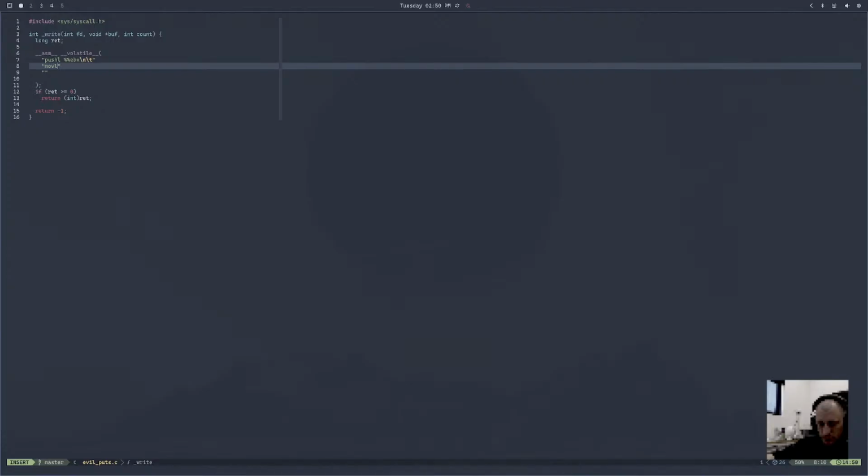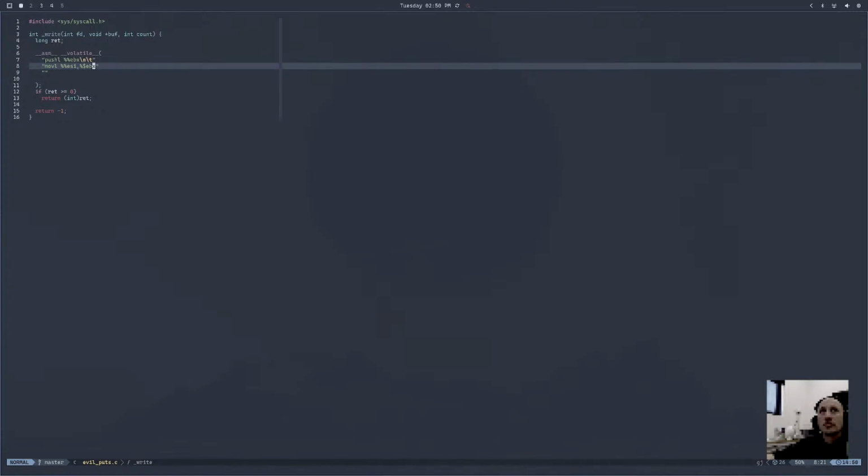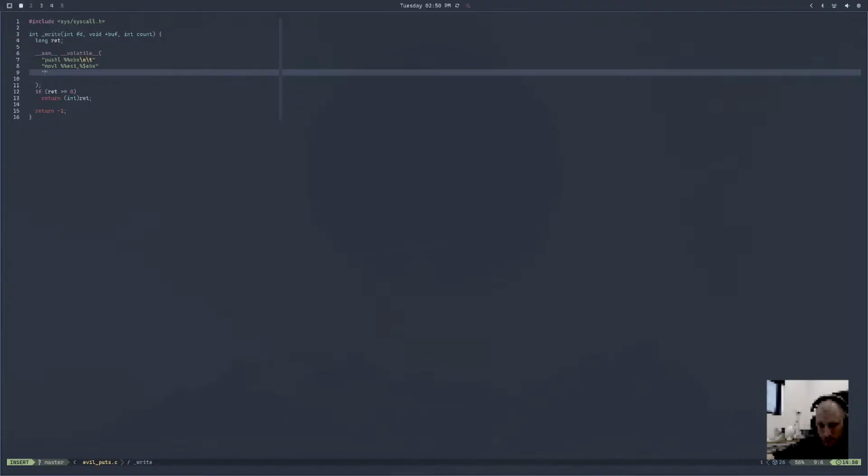Mov L ESI into EBX. And then an int 0x80, which I think is just a software interrupt.